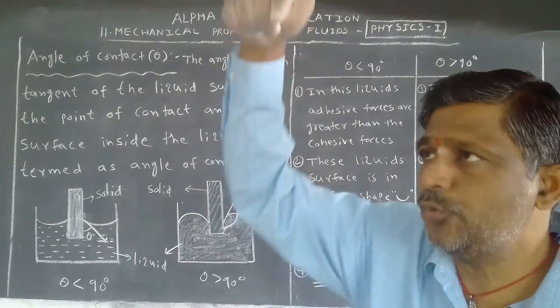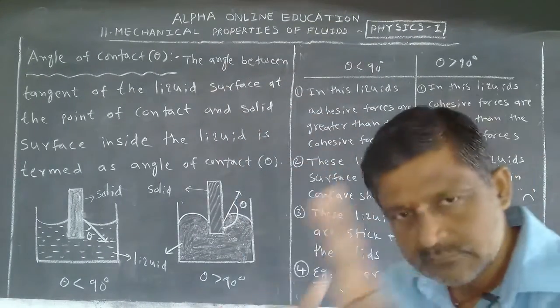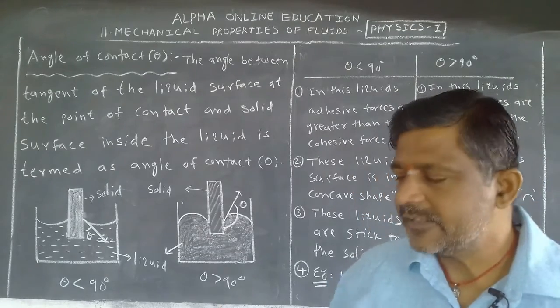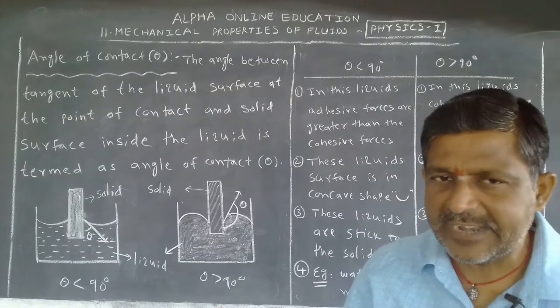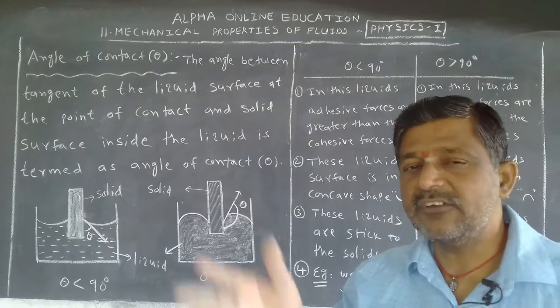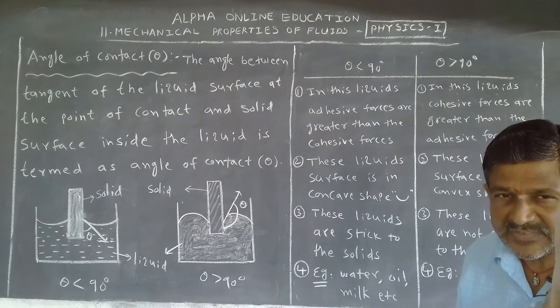If you put your hand in and the liquid sticks, that liquid's angle of contact is less than 90. If you put your finger and the liquid does not contact, that liquid's angle of contact is more than 90.